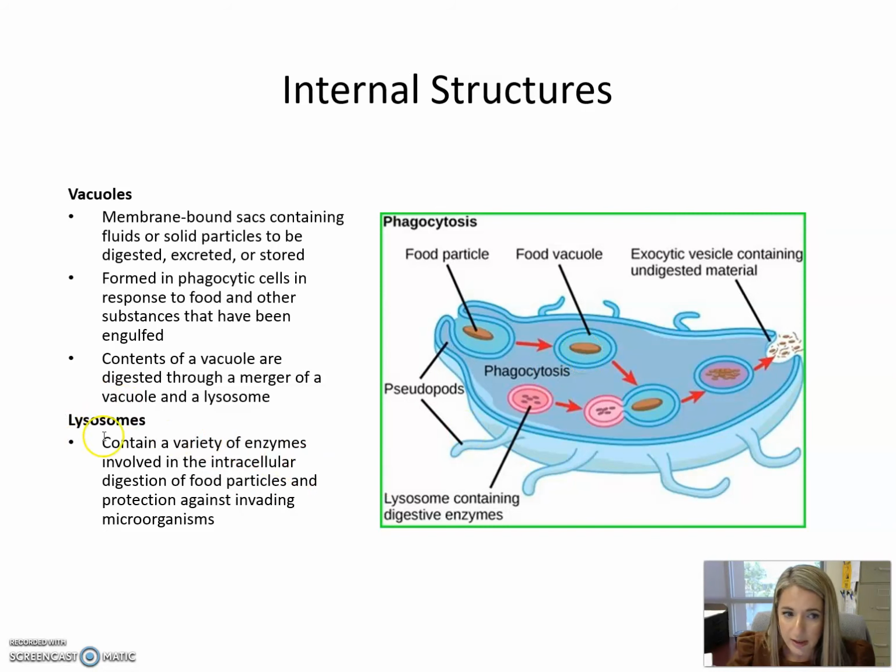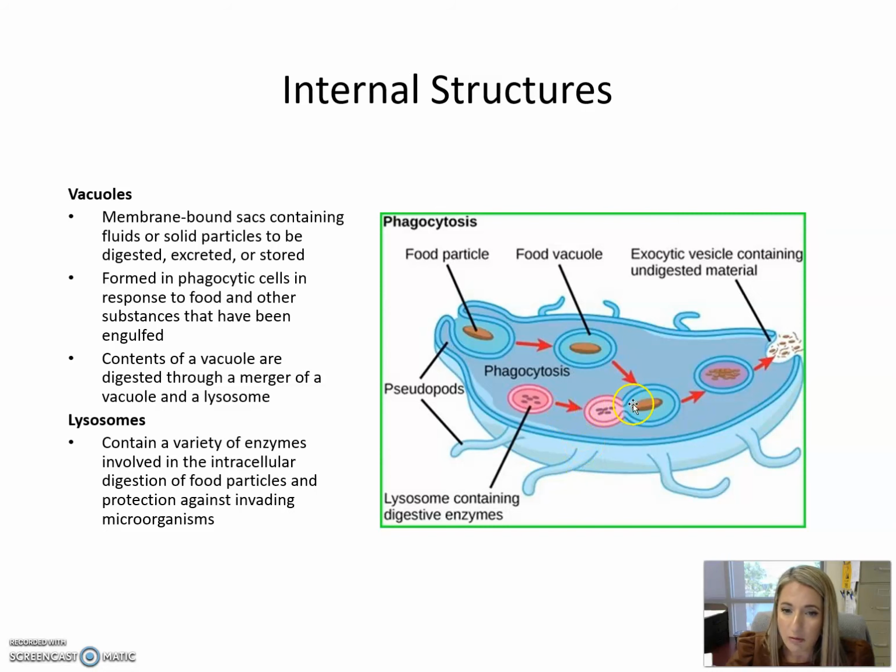Eventually, a lysosome will fuse with the vacuole, which is what we're seeing here. Lysosomes are what actually contain the digestive enzymes that are needed to break down nutrients or potentially destroy pathogens that have been engulfed through phagocytosis.